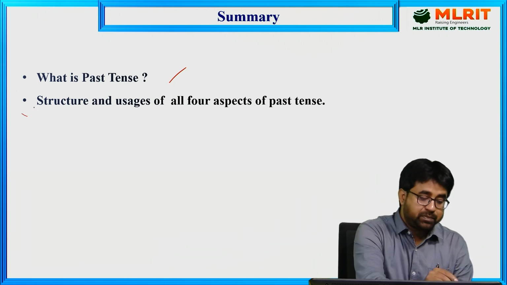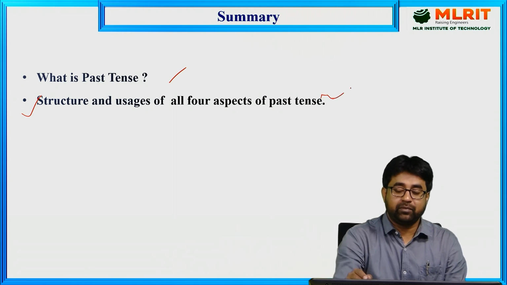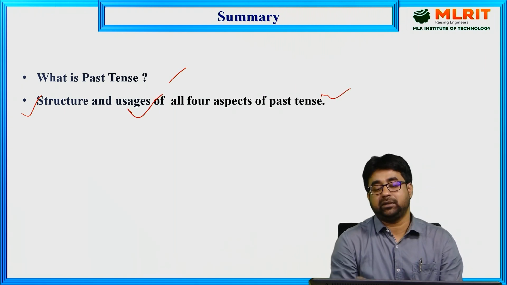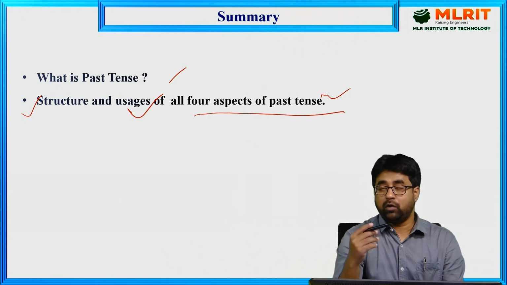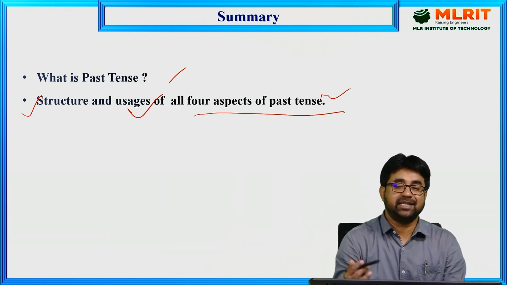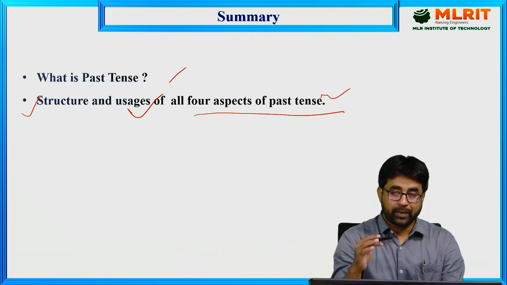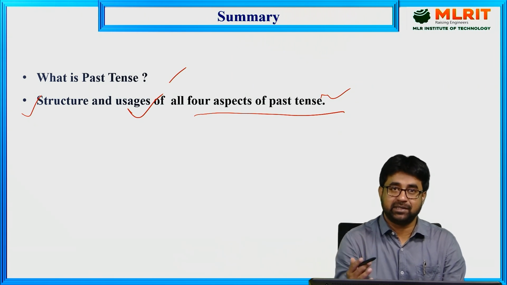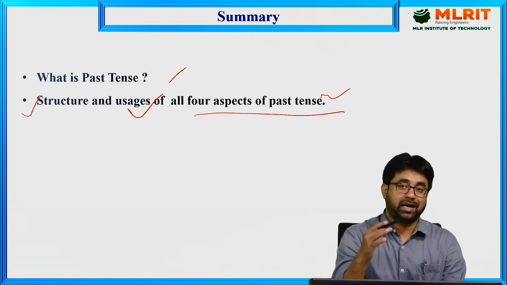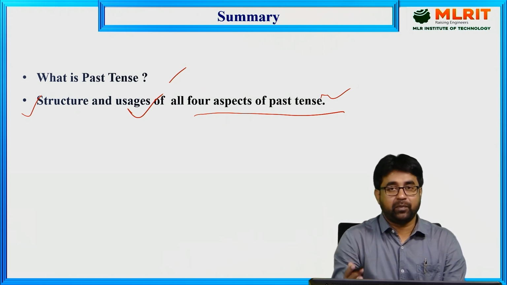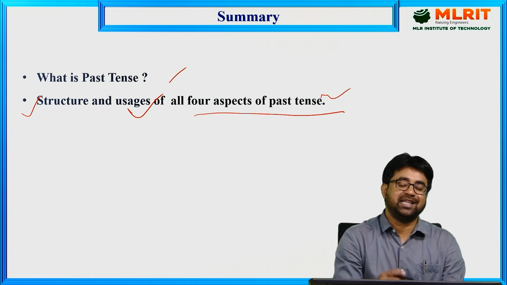And the other aspect, which is more important, that we have learned today is the usage of all 4 aspects of past tense. In which instances we are supposed to use which particular tense. Where are we supposed to use simple past tense? When are we supposed to use past continuous tense? When are we supposed to use past perfect tense? And when are we supposed to use past perfect continuous tense?